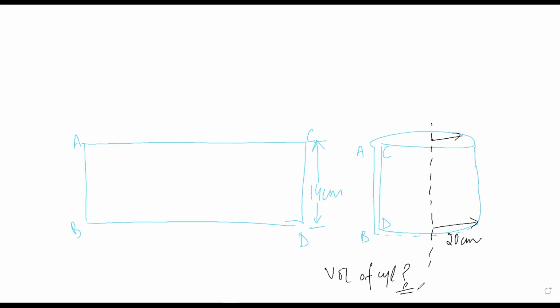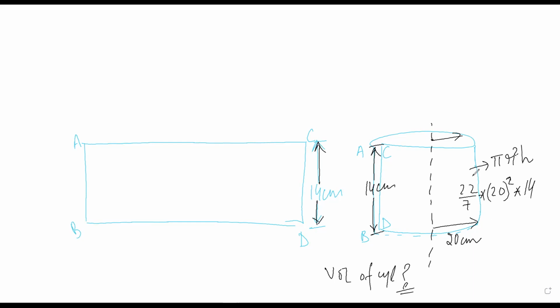Satya, how can we do this question? So the formula for volume is pi r square into height. So it would be 22 upon 7 into 20 raised to power 2 into 14, because this width would become the height of the cylinder. Sarthak, is it correct? Yes, sir.